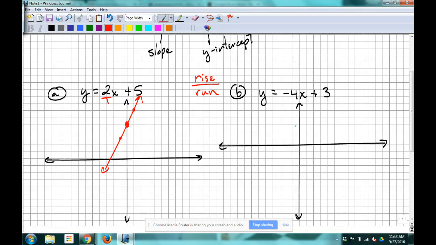That's the first dot I'm going to place. How do I count my slope? A negative 4. So which direction do I go? Down 4, and then right 1. Down 4 over 1. I could go down 4 over 1 again if I wanted to.